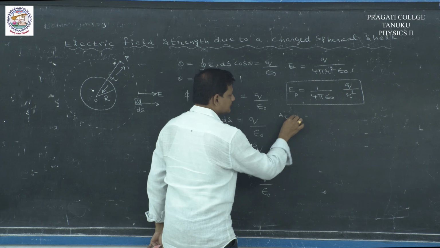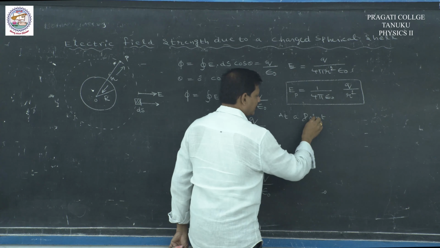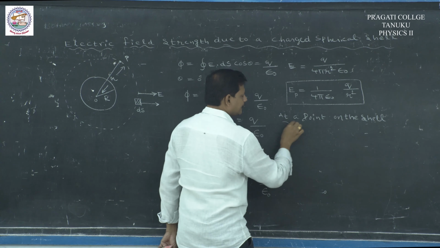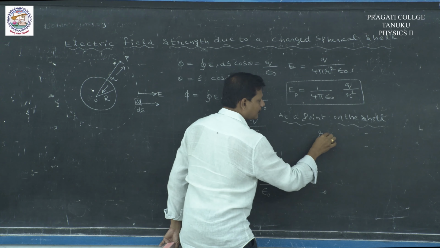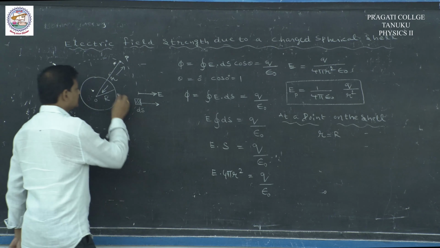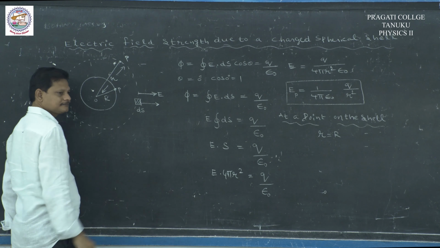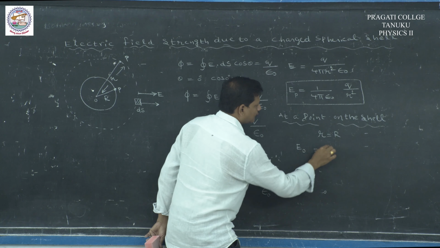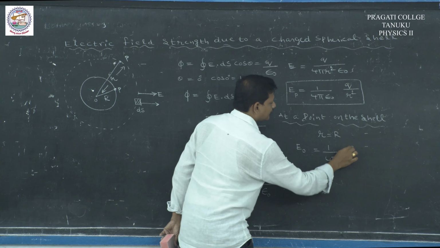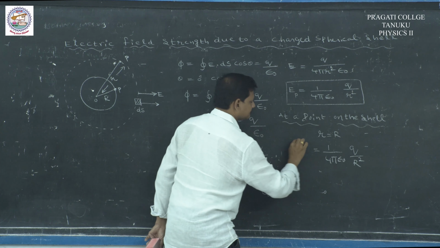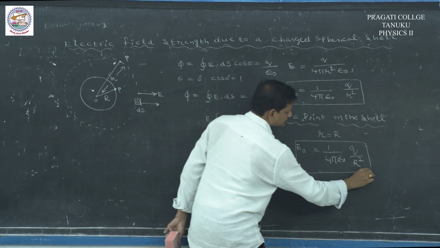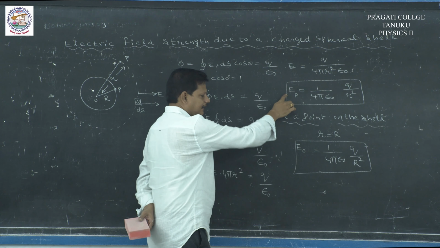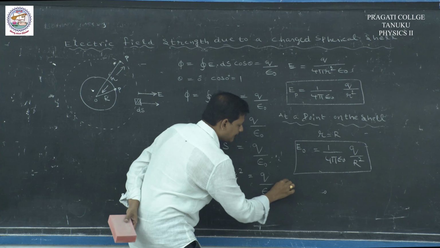At a point on the shell, small r equal to capital R. Since the point lies on the shell, small r equal to capital R. So at a point on the shell, it is 1 by 4 pi epsilon naught q by r square.